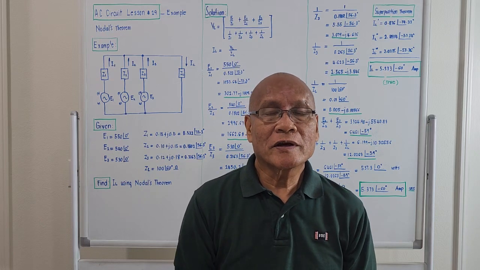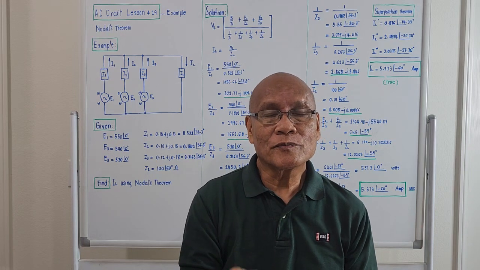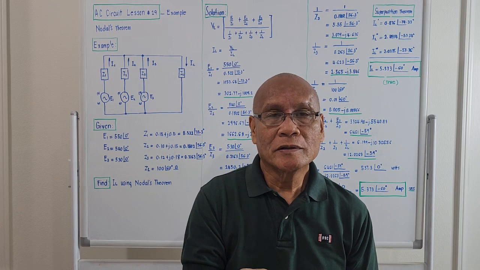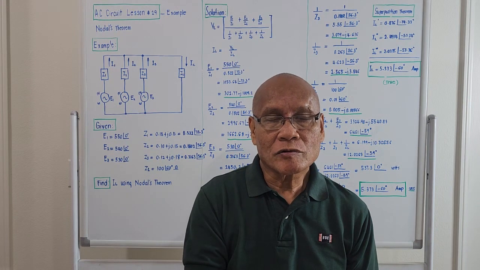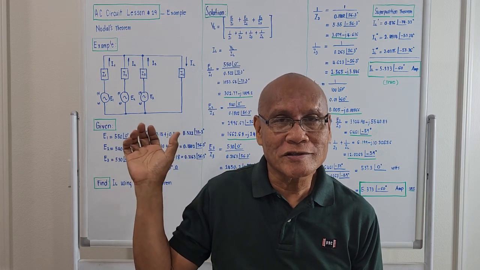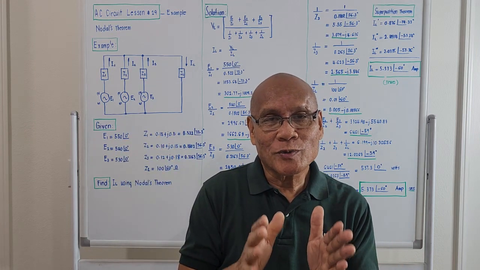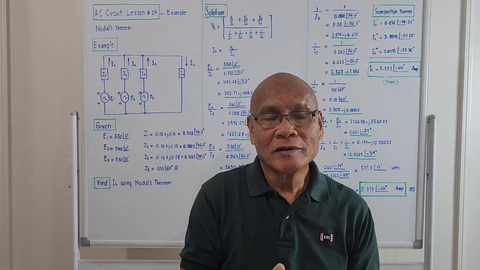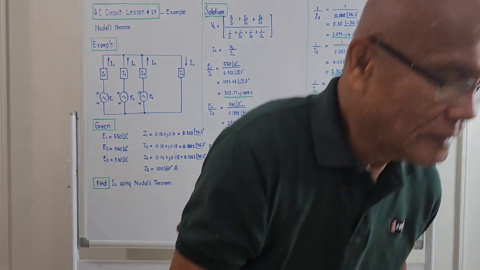The last time around, I gave you an example problem on how to compute for the load current if we are given two voltage sources. For tonight, it's much worse. It's three voltage sources, so we are expecting the solutions to be longer. Okay, let's proceed.